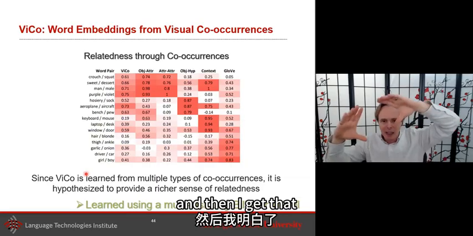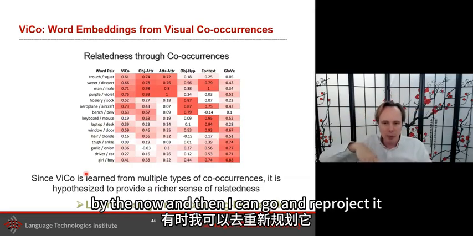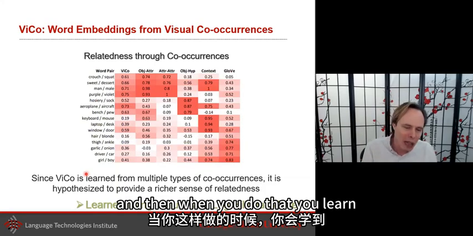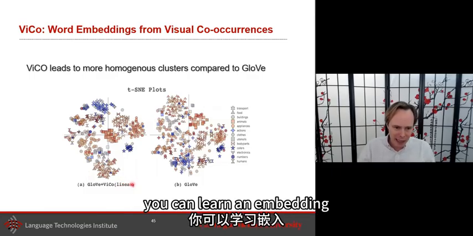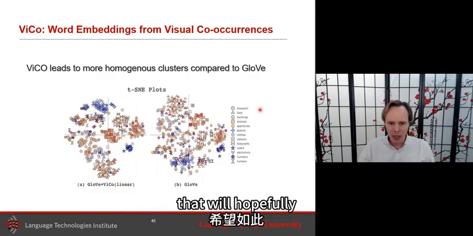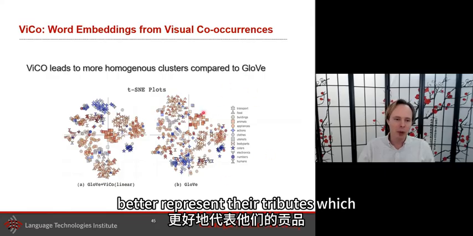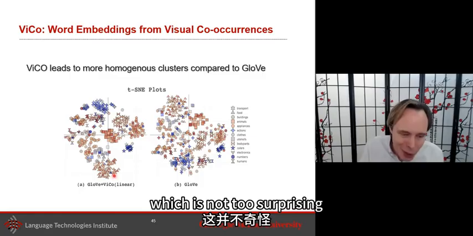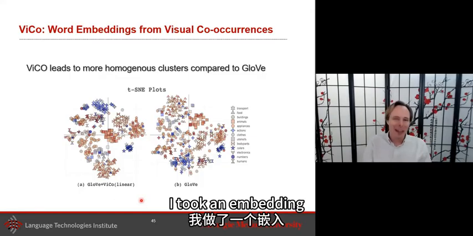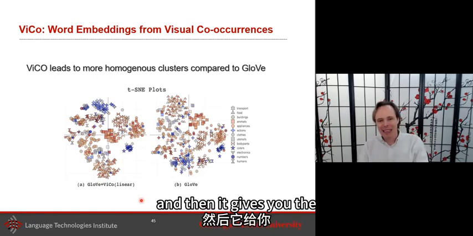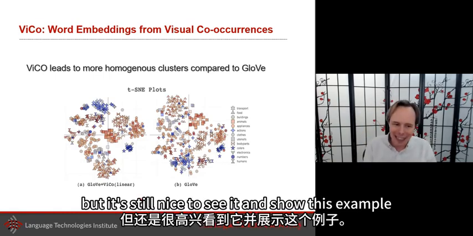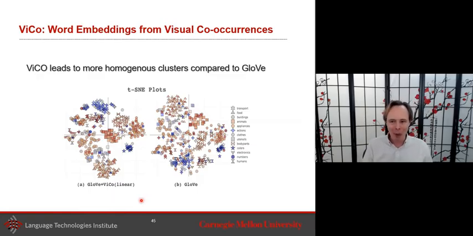Then I get that bilinear and I can reproject it. When you do that, you can learn an embedding that will hopefully better represent the attributes, which is not too surprising, since I took an embedding and kind of forced it to cluster. But it's still nice to show this example.